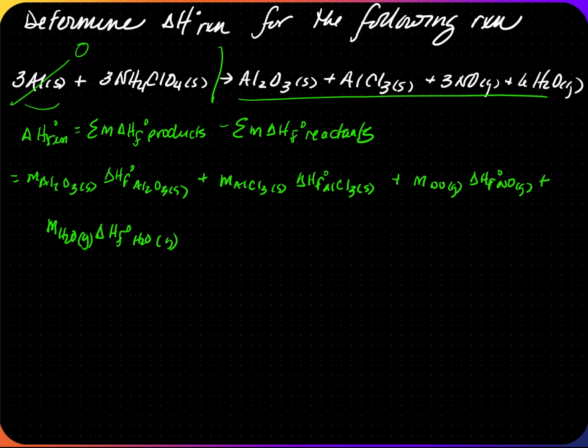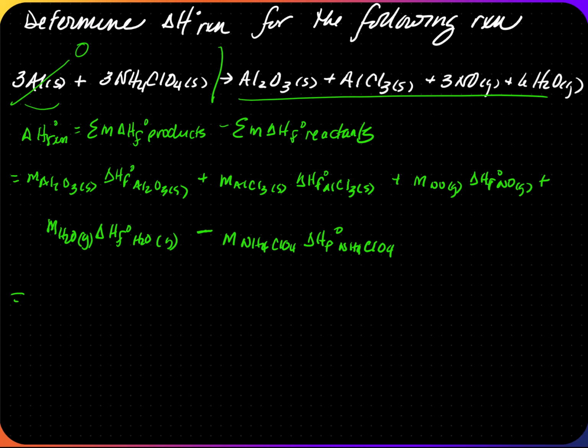The states of matter are very important in these problems because the values change. Minus the reactants, which is the moles of ammonium perchlorate times delta HF naught of ammonium perchlorate.